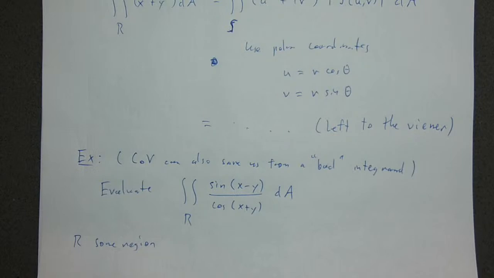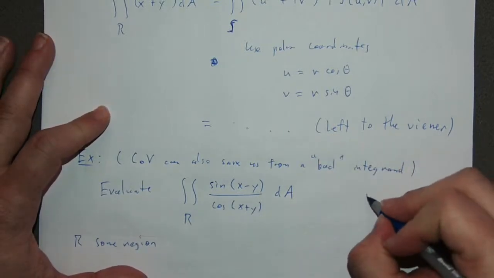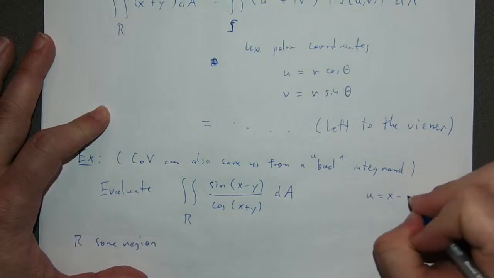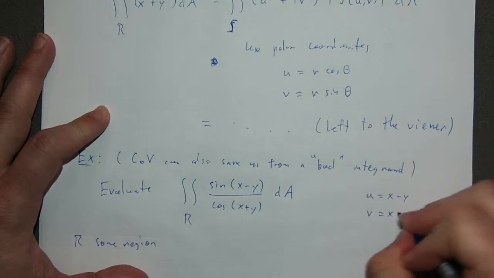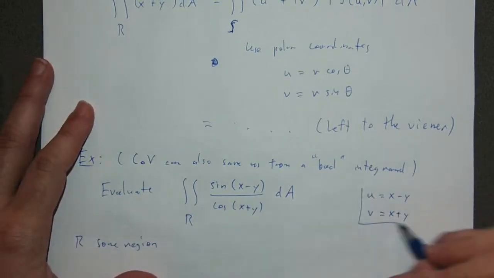What is the idea here? Well, the idea is to let u be x minus y, let v be x plus y, and do a change of variables to see if what you get out of this ends up being nicer in some way.